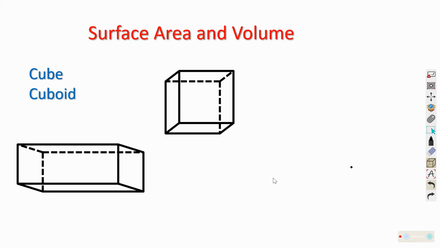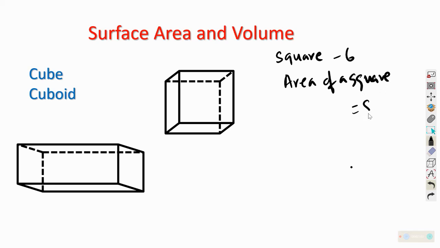So we are having a cube on the screen and a cuboid on the screen. Let me attend to the cube first. If I name the sides of the cube, which is having 6 faces, all 6 faces are like squares. What is the peculiarity of square? All sides are equal. So there are 6 squares. And you know the formula to find out the area of square. Area of a square is calculated by the formula, side square, which you have studied in a lower class.